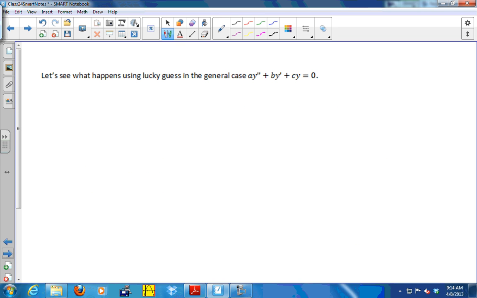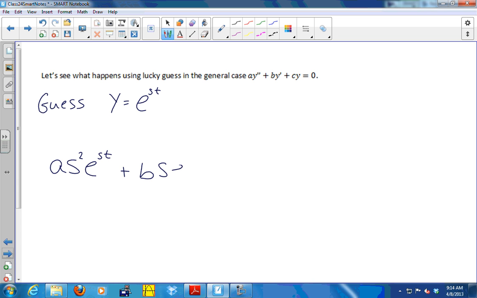All right, so let's see what happens when we apply lucky guess to the general case, a y double prime plus b y prime plus c y equals 0. So we guess y equals e to the st, and when I plug in, I get a times y double prime, which is s squared e to the st, plus b times y prime, which is s e to the st, plus c times y, c e to the st, equals 0.